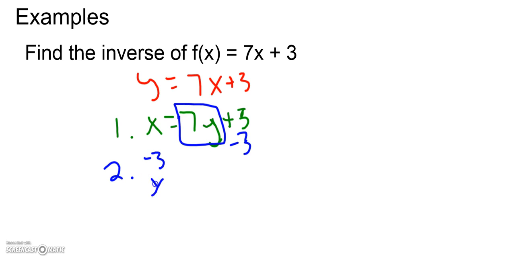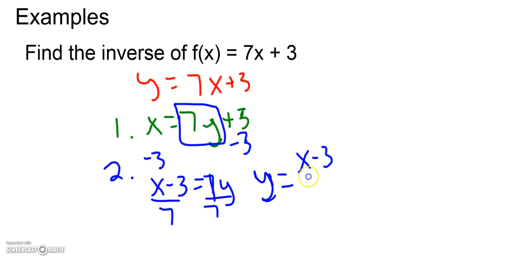So I get x minus 3 equals 7y. And then I need to divide by 7 because I want the y by itself. So y is equal to x minus 3 divided by 7.